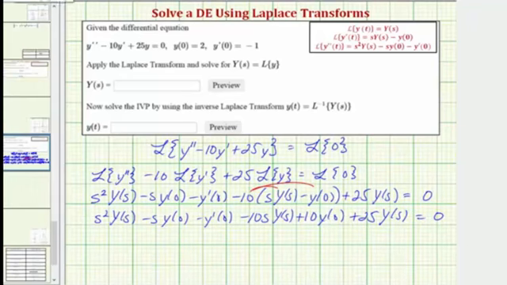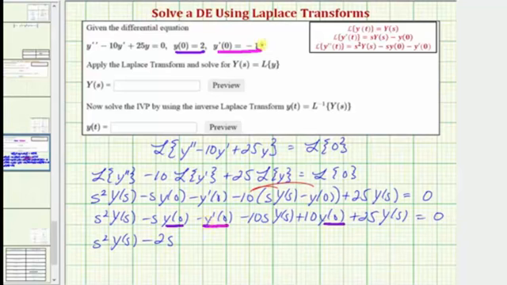For our next step, we'll use the initial conditions and substitute 2 for y of 0 and negative 1 for y prime of 0. So we'll substitute 2 here and here, and we'll substitute negative 1 here. So that would give us s squared big Y of s, and then we'll have minus s times 2, so minus 2s.